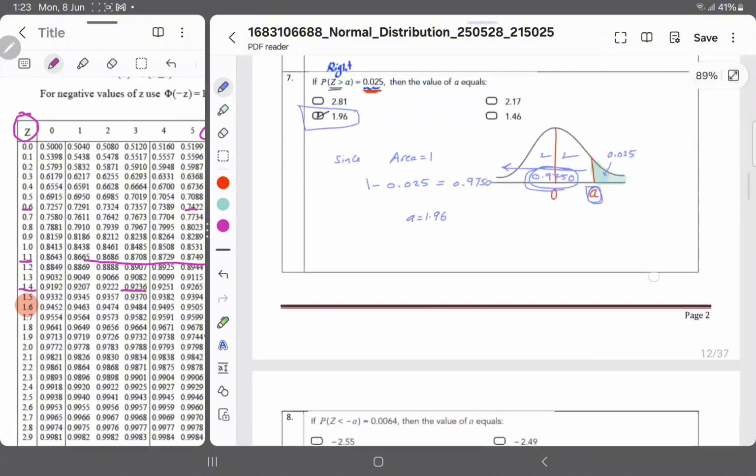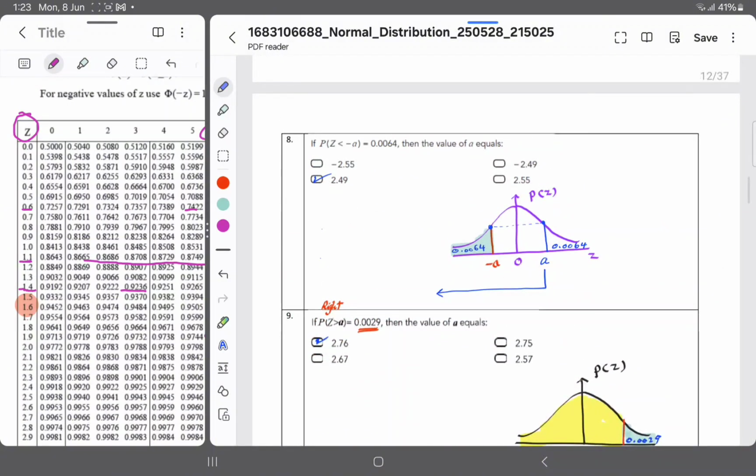Now we are going to the next one. Here the given is less than negative A. He said A is negative. So if he said negative, he will state it as positive directly. So that means that is negative A. Any negative takes symmetry, so the line of symmetry is at positive A. The area on the left includes the same area as on the right.